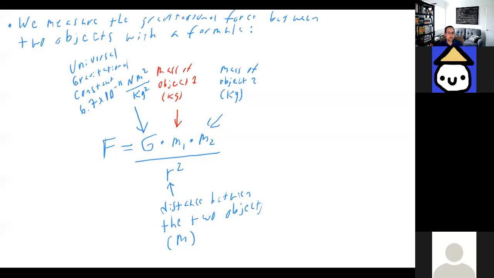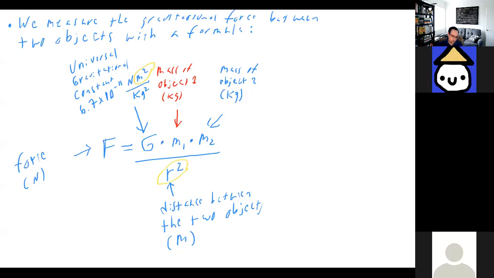I'll point out this gravitational constant is going to give us force. So F is the force, in newtons. And how do we get to newtons? Well, if you look on top of this equation, you've got meters squared here, and then on the bottom you're going to have r squared, so that's going to be in meters squared.